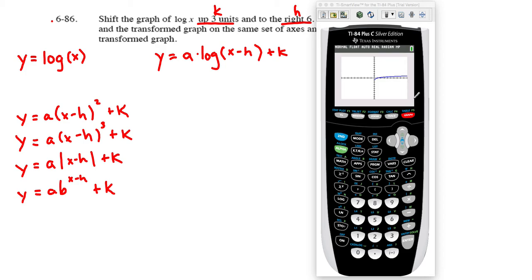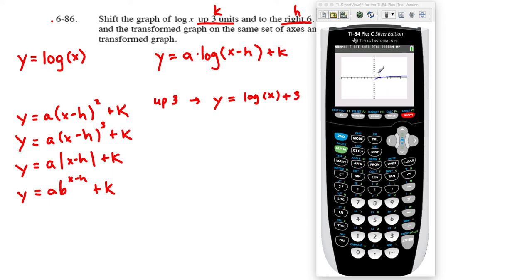So let's test the effects of some of these to begin. Let's say we want to shift our graph up 3 units, which means we're going to have to change that k to plus 3. So if we're just going to shift it up 3, we're looking at the equation becoming y equals the log of x plus 3.